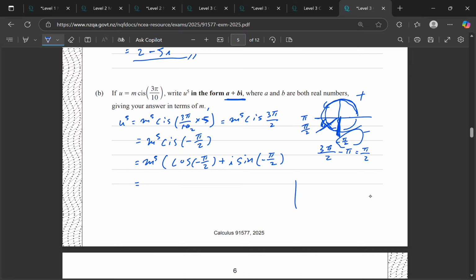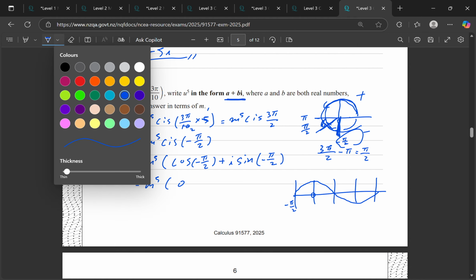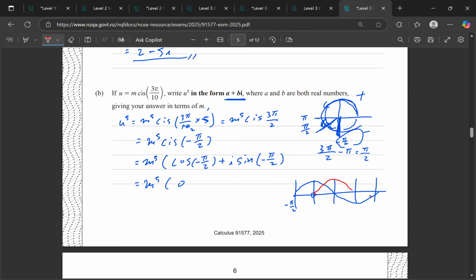So let's draw a cosine graph. So say this is 0, right? So cosine starts from here, right? And cosine minus pi over 2 must be 0, okay? Cosine 0 is 1, cosine minus pi over 2 is 0. So that is a 0. And sine graph goes like this, right?